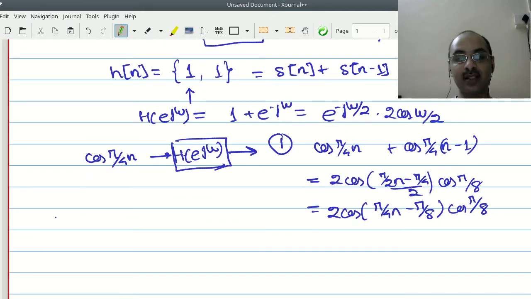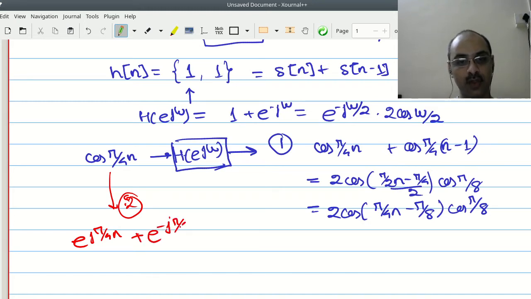Let us now take the second approach. I'll maybe use a different color to indicate the second approach. We will split this into complex exponentials, and now we will use the fact that complex exponentials are eigenfunctions of LTI systems, and we will just use this response to get the output.